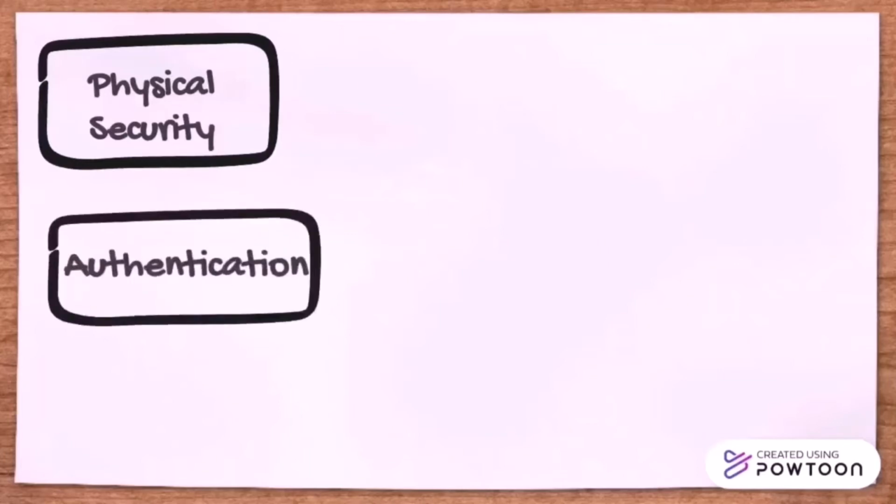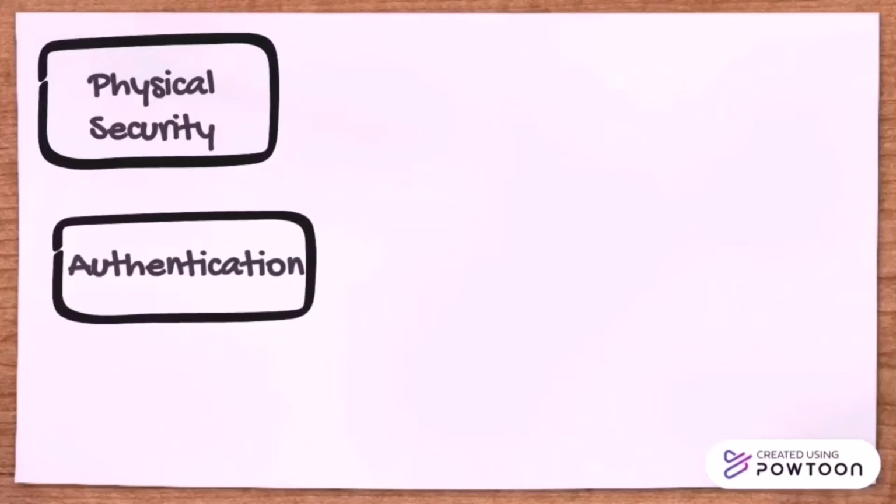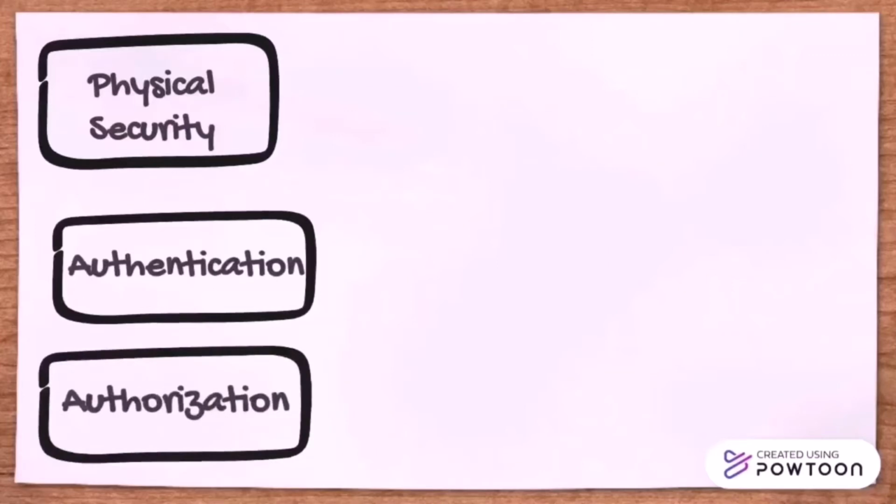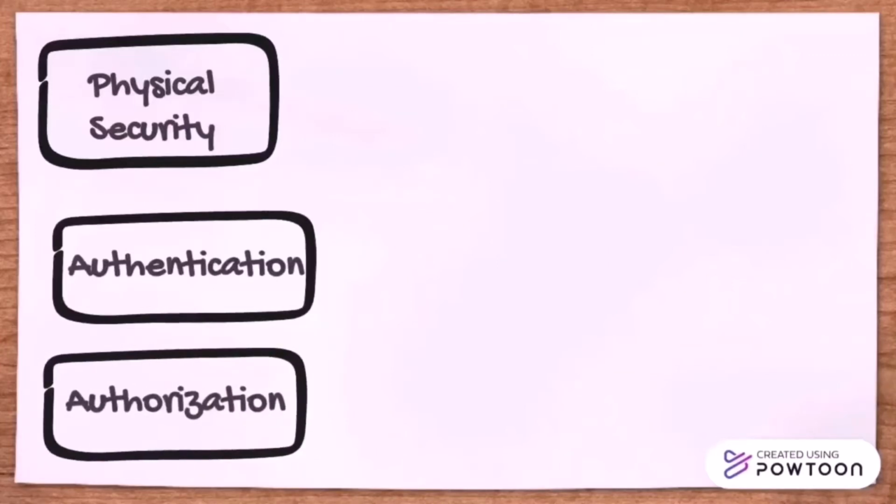Next, authentication. Authentication is the process of verifying the identity of a person or device. An example is entering a username and password before logging in to an account. Next, authorization. Authorization is a privilege. For example, the policy must ensure that the correct individual can access their account online for verifying.